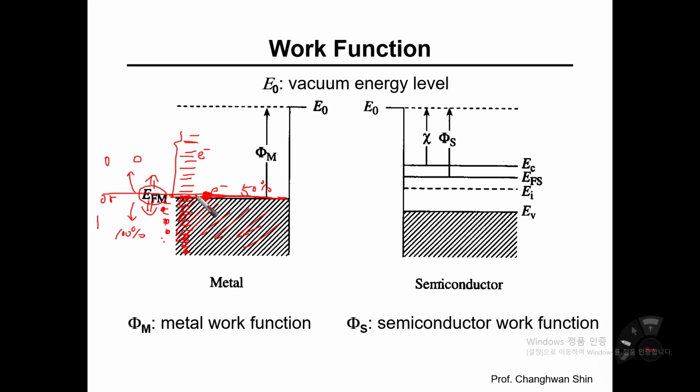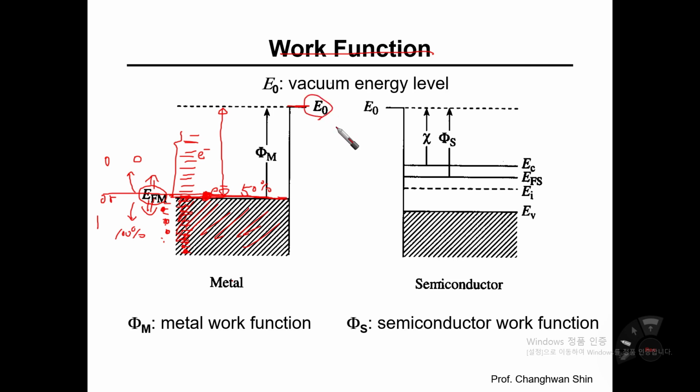Therefore, going back to the definition for work function, the minimum required energy to take a single electron away from this matter system can be defined as this, from here to here. So what is this, by the way?